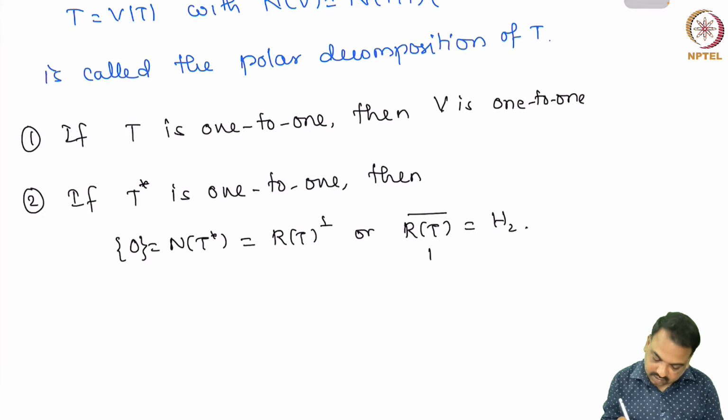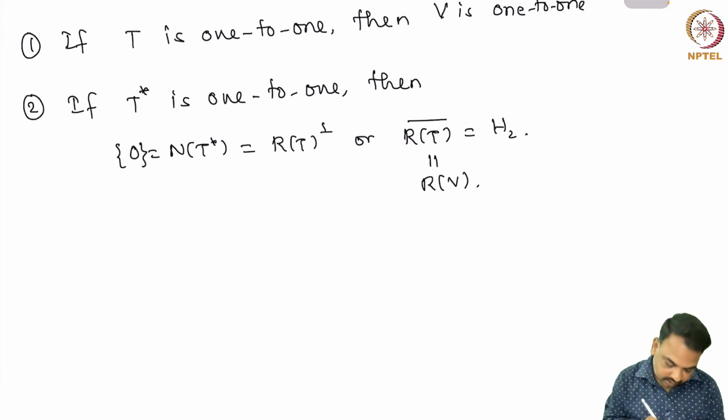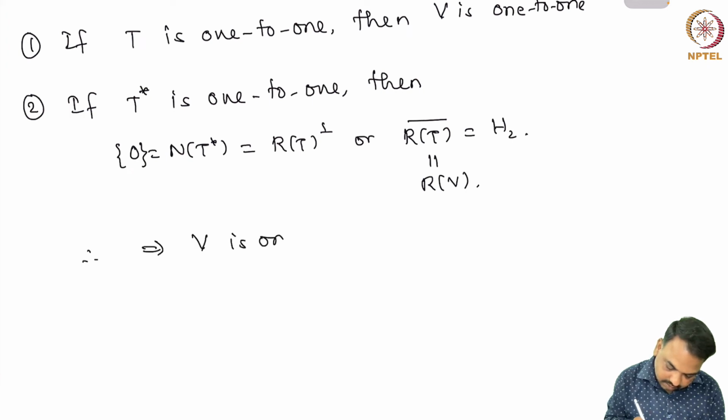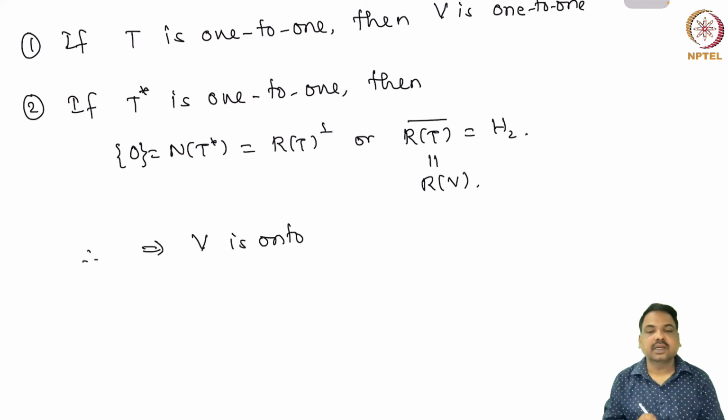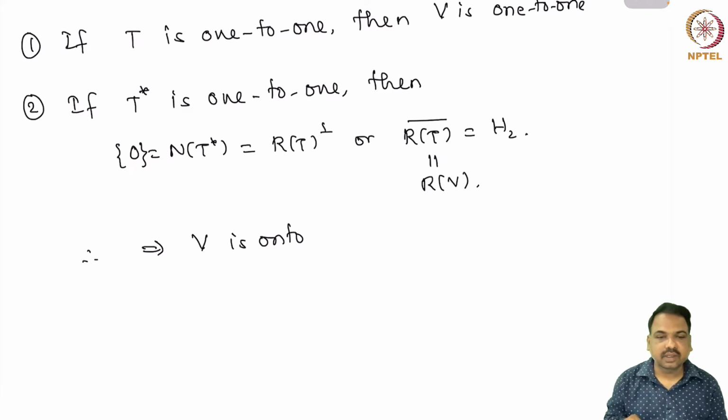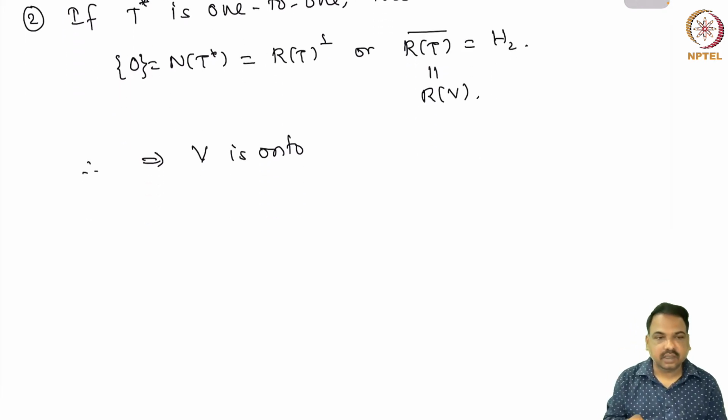But we know that range of T closure is exactly range of V, so therefore we can say that this implies V is onto. So whenever T star is 1 to 1, then V is onto. Both T is 1 to 1 and T star is also 1 to 1. We can say that V is isometry onto.